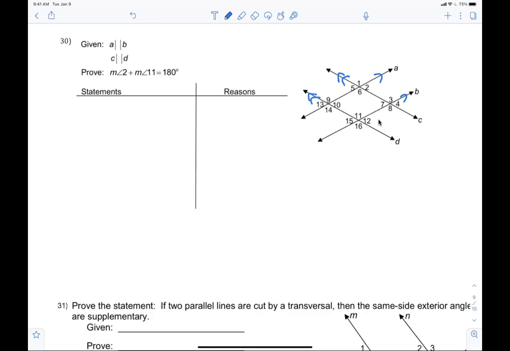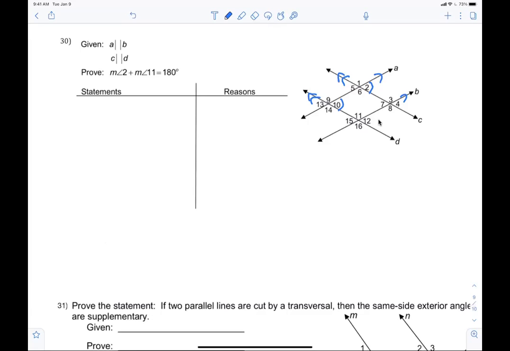A is parallel to B and C is parallel to B. Angle 2 and angle 10 are congruent because they're corresponding angles.